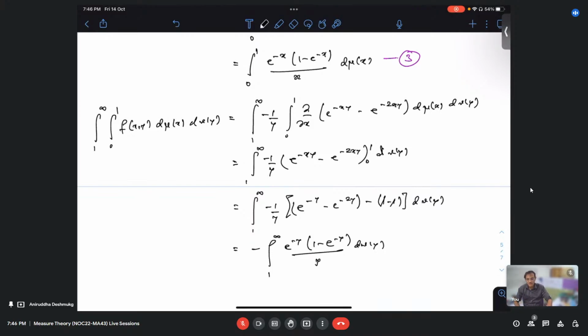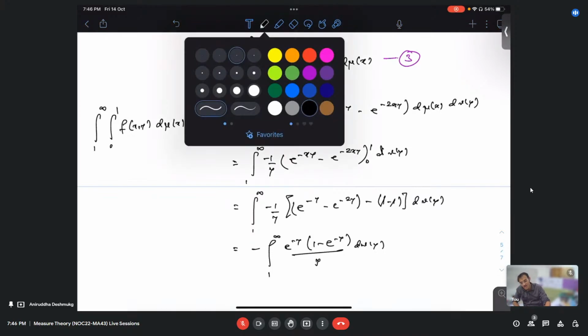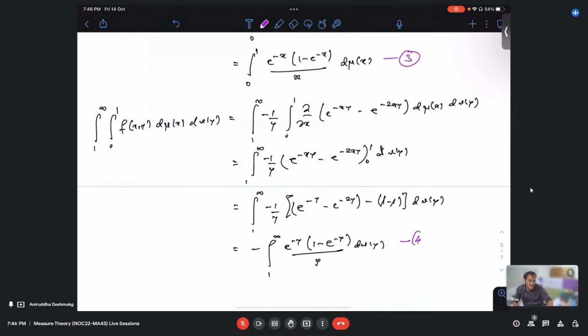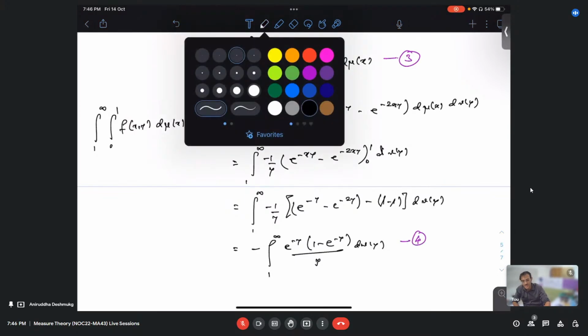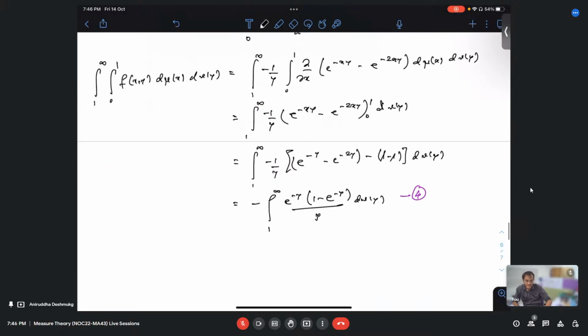So, well, notice that equation 3 and equation 4 are same, except for the fact that the variables are changed, and of course the domain is changed. So I can very well write this.